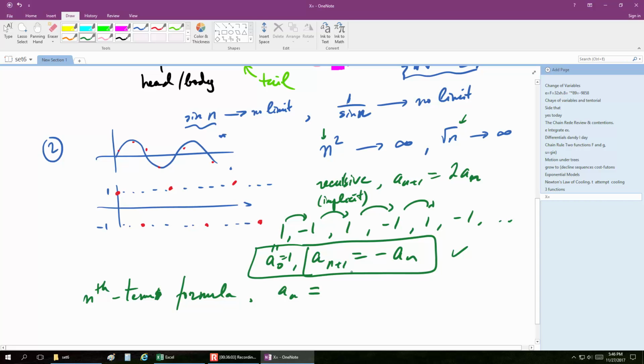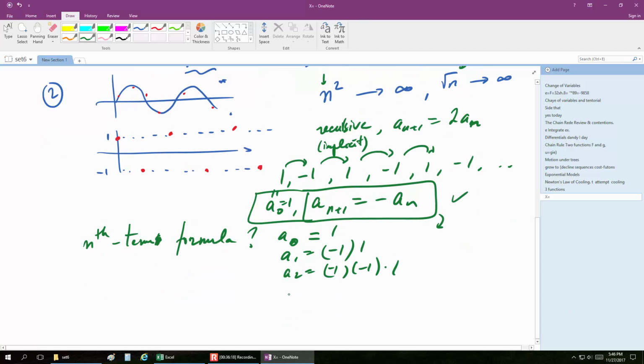Well, actually, I could try this. a naught is equal to 1. a1 is, I'm just using the formula, -1 times 1. a2 is equal to -1 times -1 times 1, right? a3 is -1 times -1 times -1 times 1. So a n is what? -1 to the n. -1 to the n.